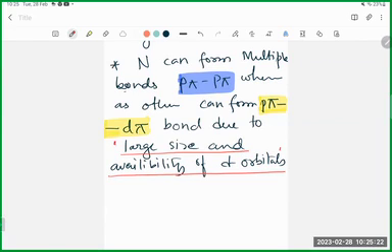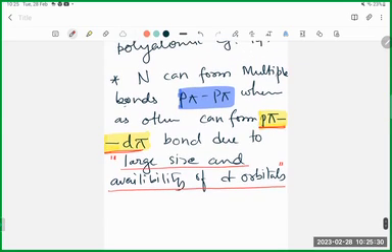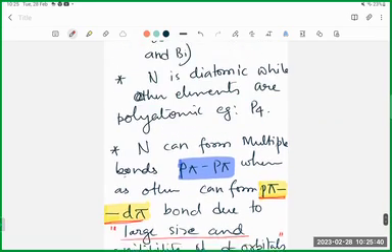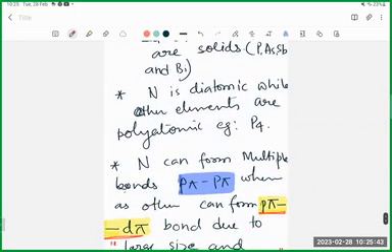Since they have these characteristics, they go for p pi d pi bonding. Are you able to understand, Hridaya? So this is the most important anomalous characteristic of nitrogen. Is it clear to you? Yes, ma'am. Okay.